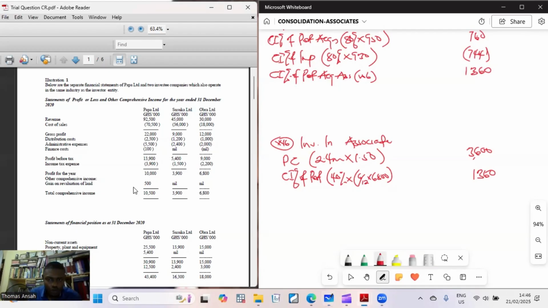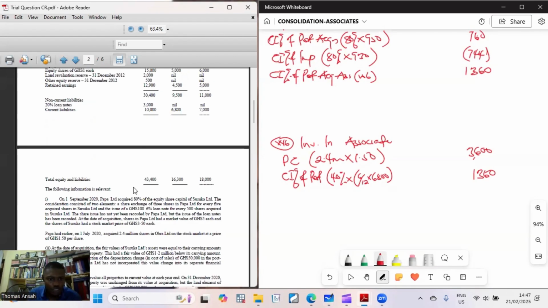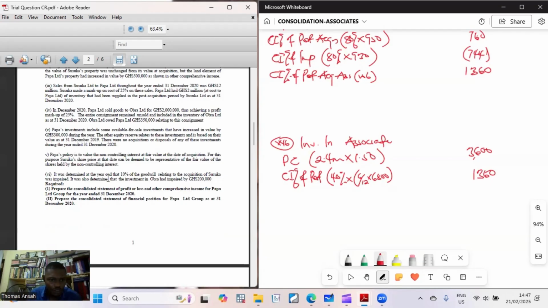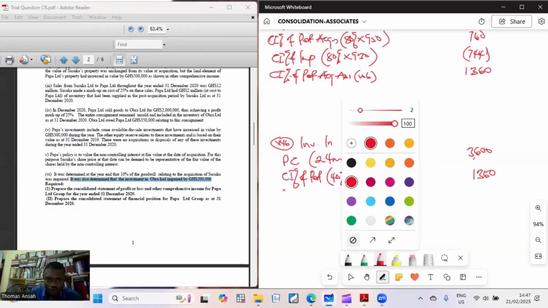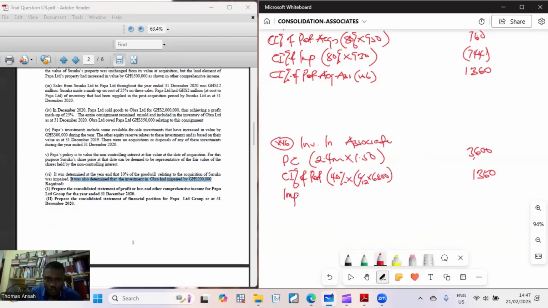And in the question, we are told that there was another impairment. It says that it was also determined that the investment in Obra had impaired by 200. So here is the impairment on his investment. And that investment has been impaired by 200, which is affecting this profit.